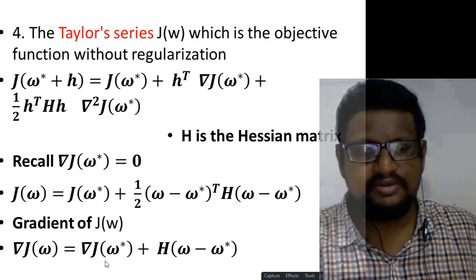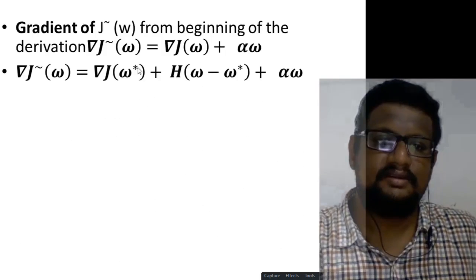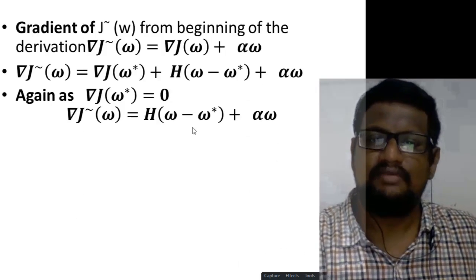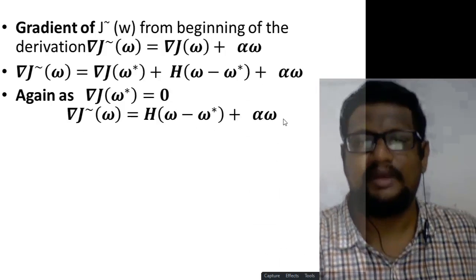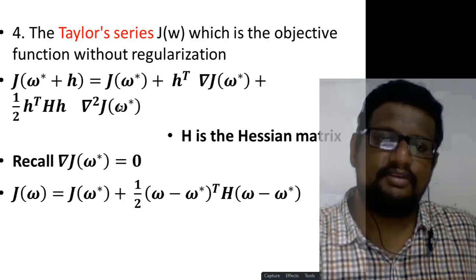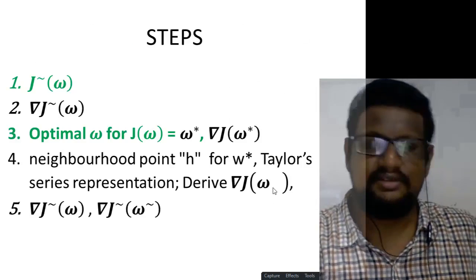Here itself I could have substituted that as 0, making it simple. But anyhow we have taken it up to here. So now you can make it 0, and h times omega minus omega star plus alpha omega will be equal to del J cap of omega. So I think the fourth step is over. After the Taylor series, finding out del J of omega, the Taylor series is over.